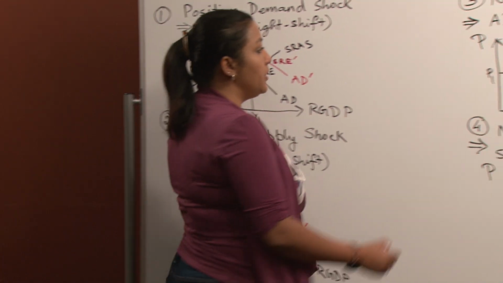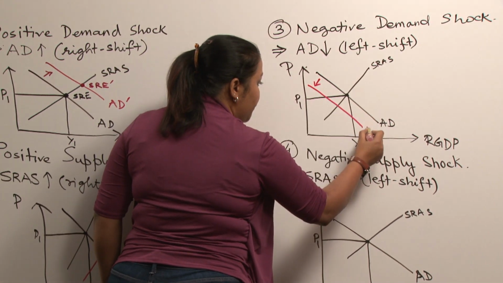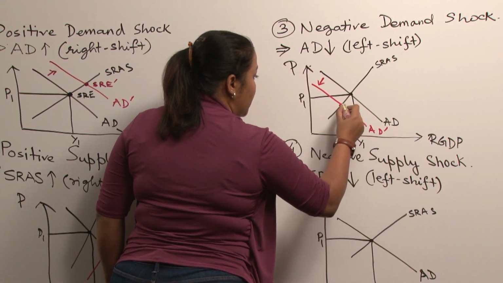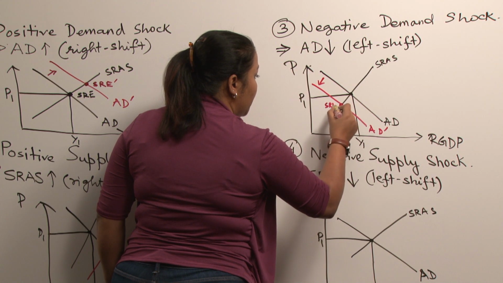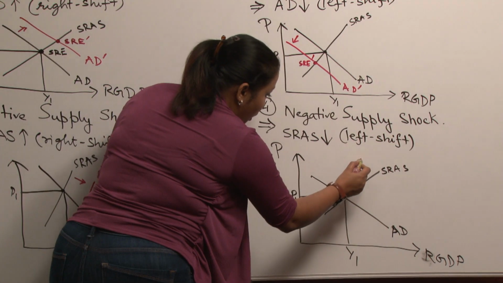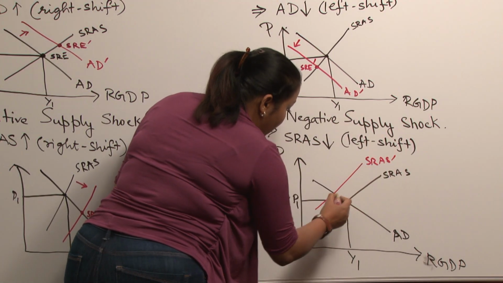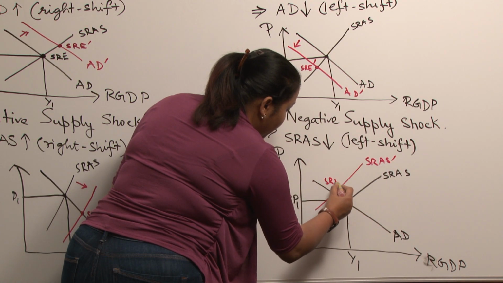Okay. Similarly here, if you have a negative demand shock, you have a left shift of the AD curve. Once again, you have a new short-term equilibrium. Also, if you have a negative supply shock, so that's a left shift of the SRAS curve. So you have a new short-run equilibrium, right?